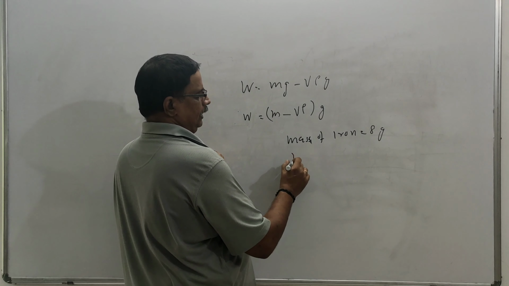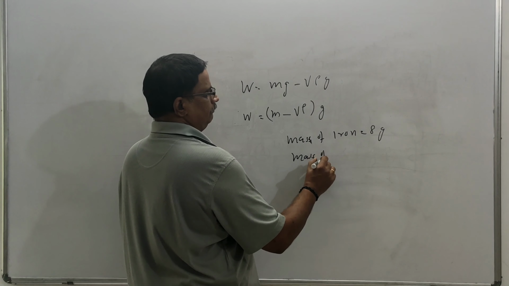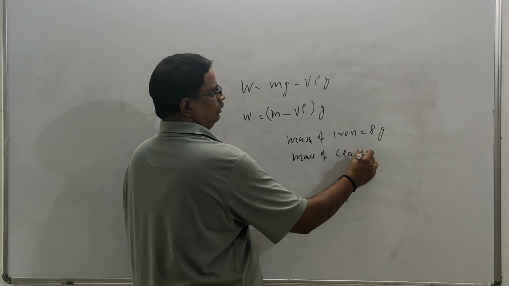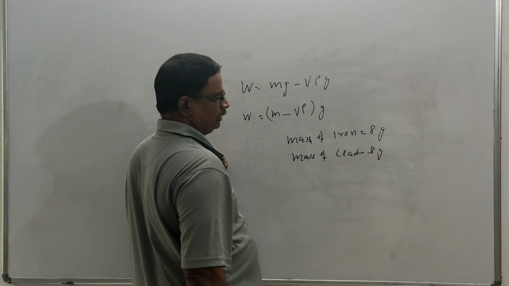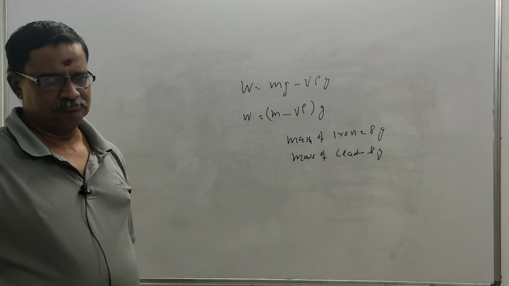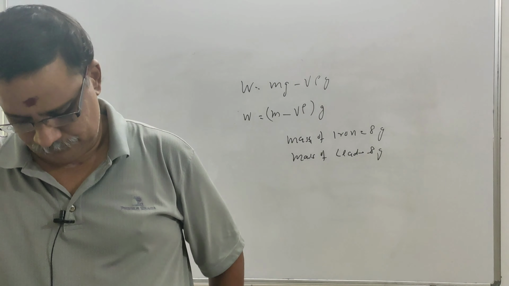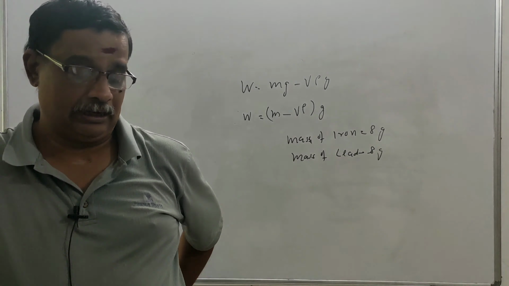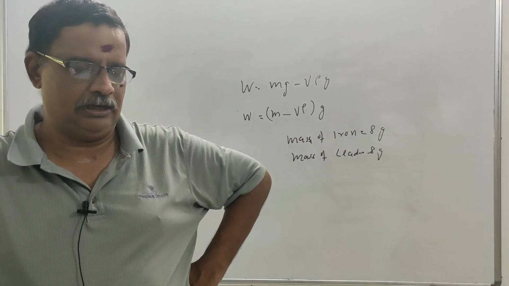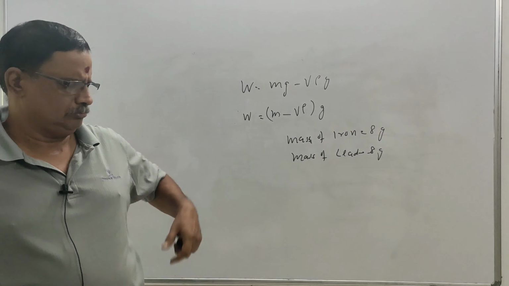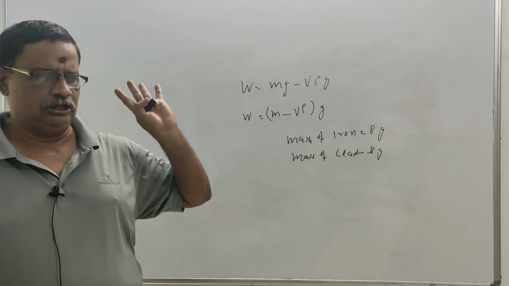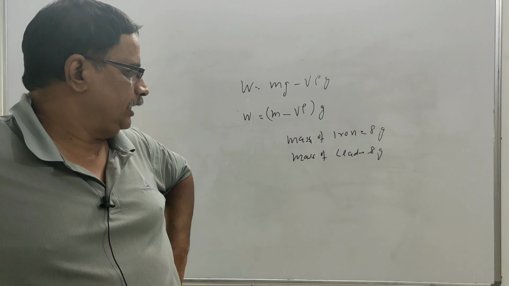So when both are in air, mass of lead should also be 8 gram. That is what we may think, but it is not so. Both are not in air, both are in water, so we have to do it accordingly. If we were in air, there is no doubt, we are neglecting the upthrust, so mass of lead is also 8 gram.